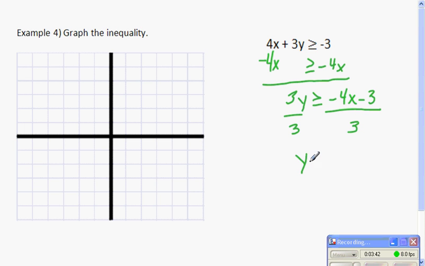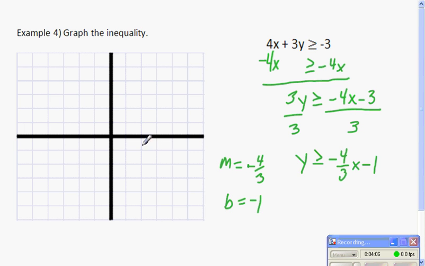Divide both sides by 3. And we get y is greater than or equal to negative 4/3 x. Negative 3 divided by 3 is negative 1. Our slope is negative 4/3.